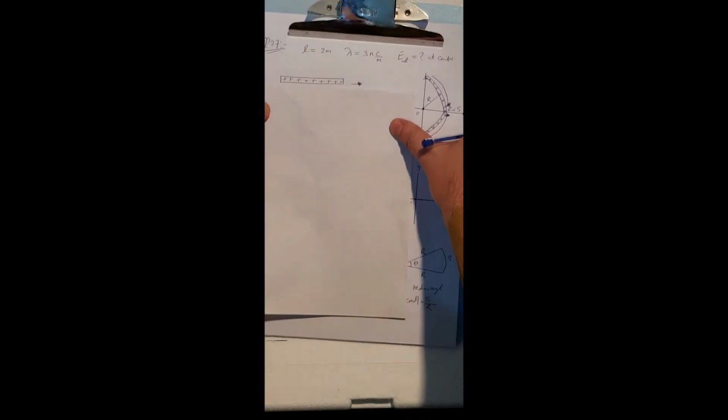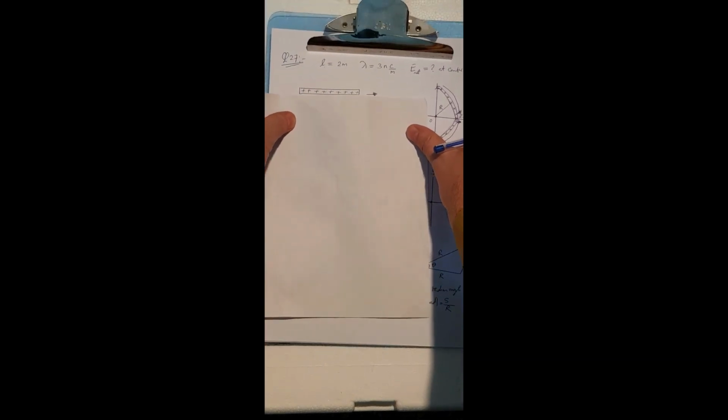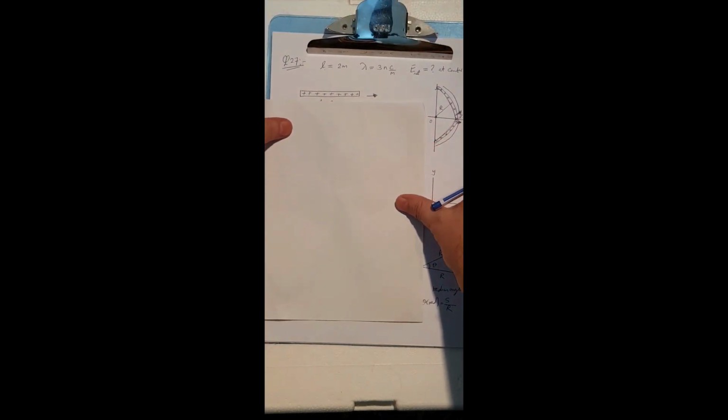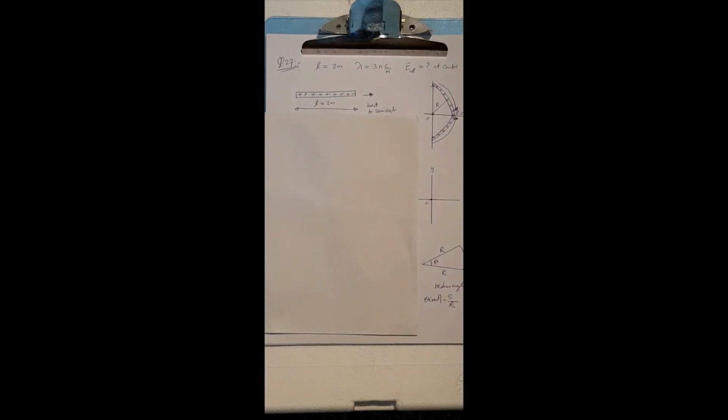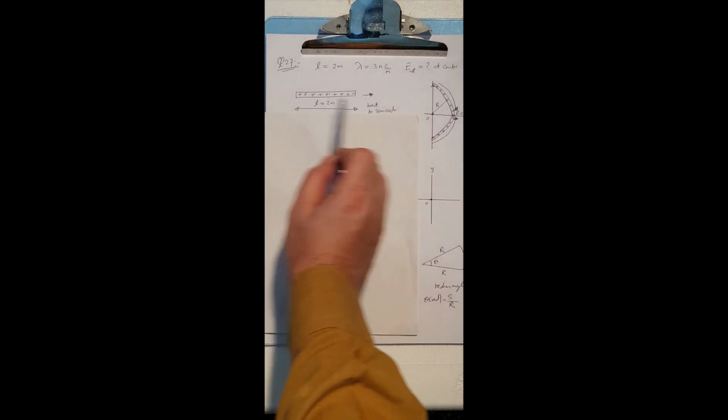Now let's look at the steps to find the electric field using symmetry. So what we have here is the rod, which is 2 meters.